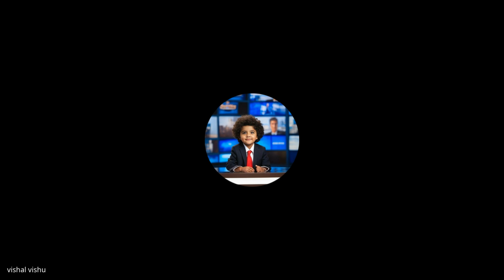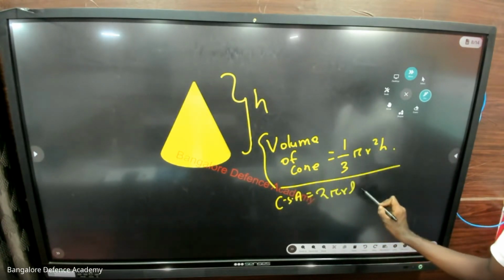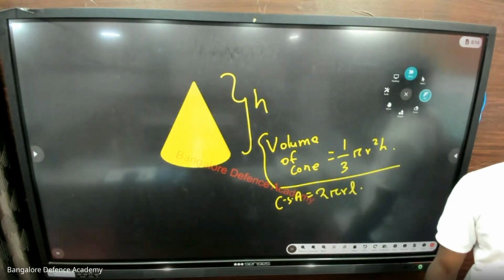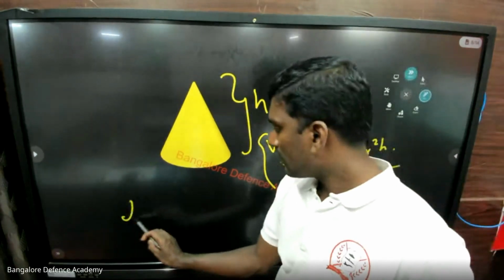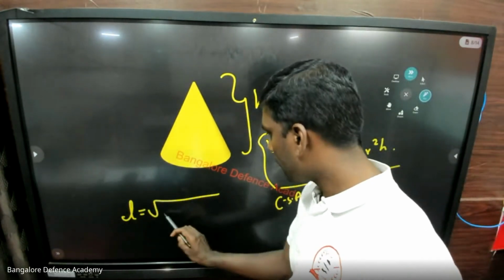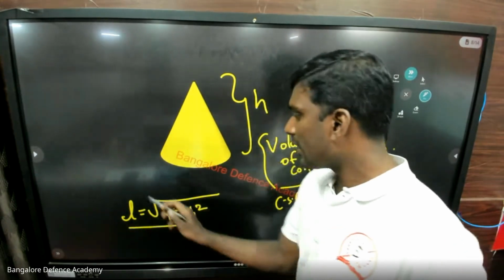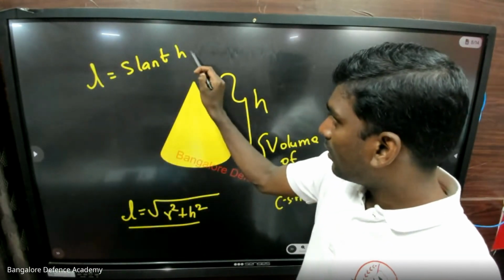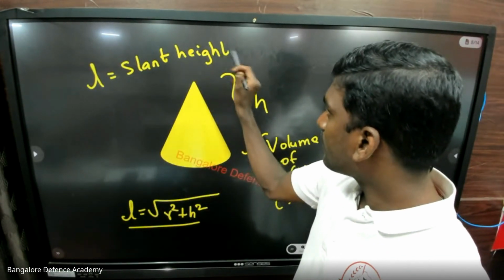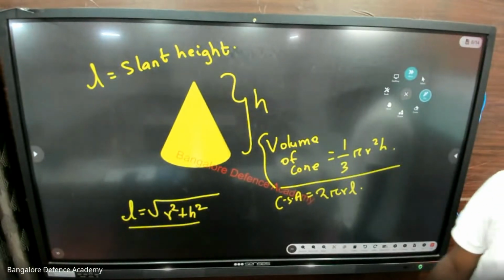Yes, sir. Next, curved surface area of cone: pi r l. And you can write down l is equal to root of r square plus h square. This is l. You can write l is equal to slant height. Got it? l is equal to slant height.